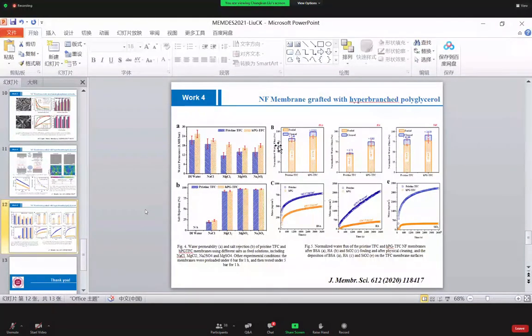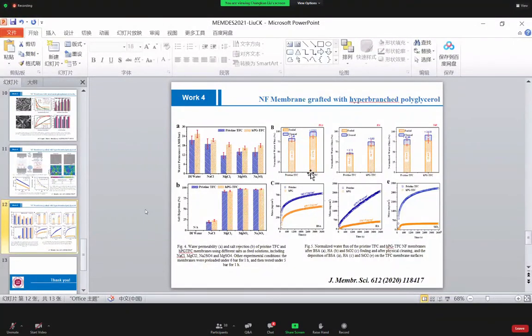After this preparation, we utilized these membranes in nanofiltration, and we found that the modified membranes show a higher water permeance as compared with the pristine membranes in both DI water and various salt solutions. We also tested the anti-fouling performance using BSA, humic acids, and silica oxide as the model foulants.